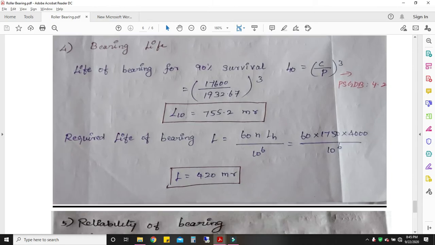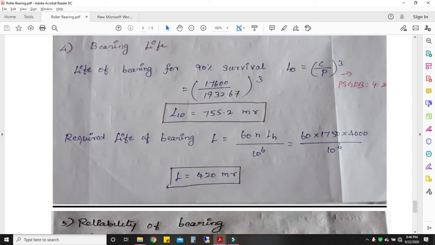The required life of the bearing L: in the problem statement we have the life of the bearing in terms of hours. We have to convert that into million revolutions. We have LH, that is 4,000 hours, and multiply this with the speed, that is 1750.